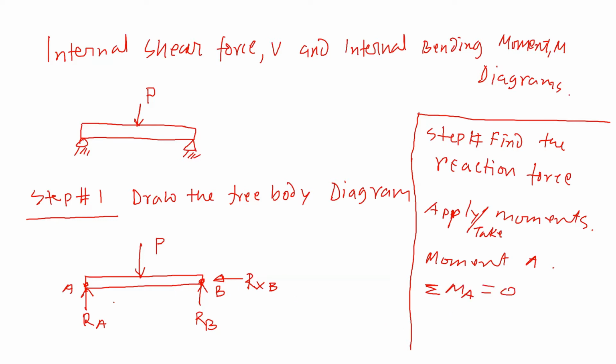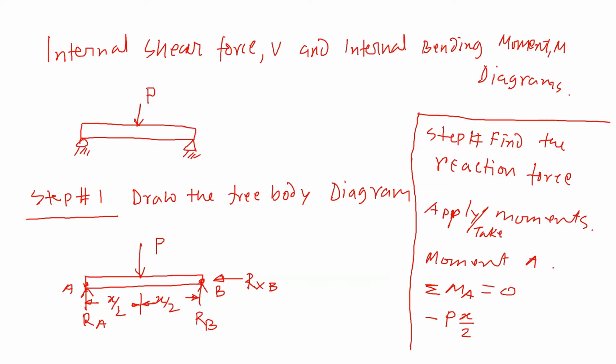So if we calculate, imagine that this beam is x feet long, so you can do x by 2 here, and then x by 2 if it's x feet long, like that. So if we take moment for this RA at this point A, then this will cancel because there is no distance. Then for this P, we'll have a clockwise moment, so that's negative, minus P x by 2. That's the moment distance. And then RB, which is the anti-clockwise.